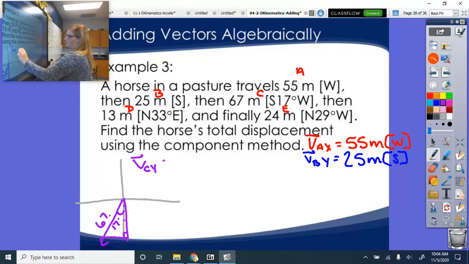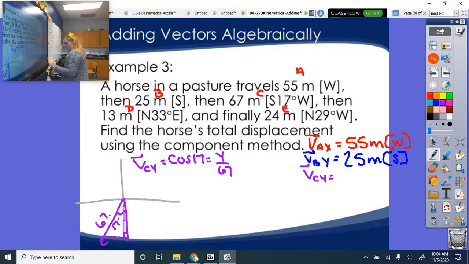Let's do the y component first, which is going to be cosine of 17 equals my y divided by 67. So that's going to be cosine of 17 times 67, 64.1 meters, and in the y direction I'm heading south.